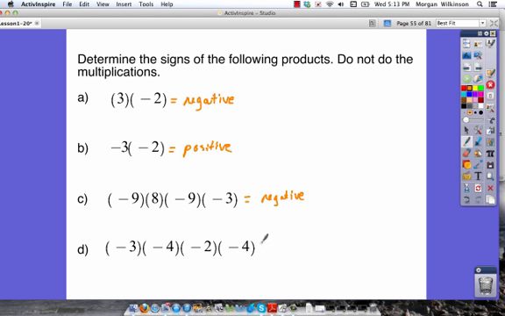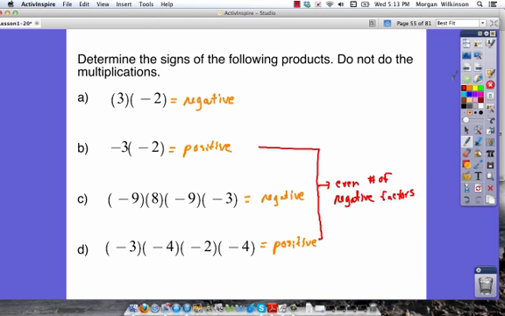Now you might notice a pattern here, and that pattern works all the time. So when we had an even number of negatives that we were multiplying, like these two, we get a positive answer. Even number of negative factors, and the factor is just what you're multiplying, will always give you a positive answer.